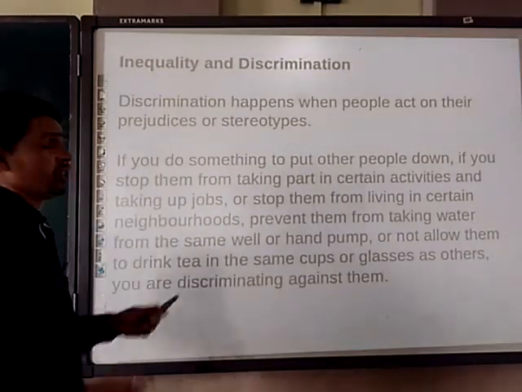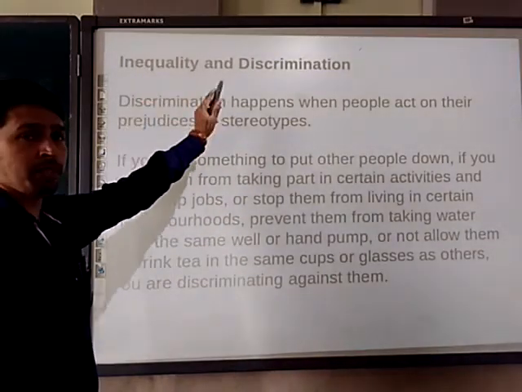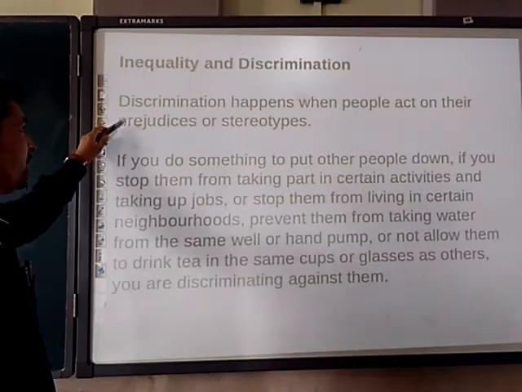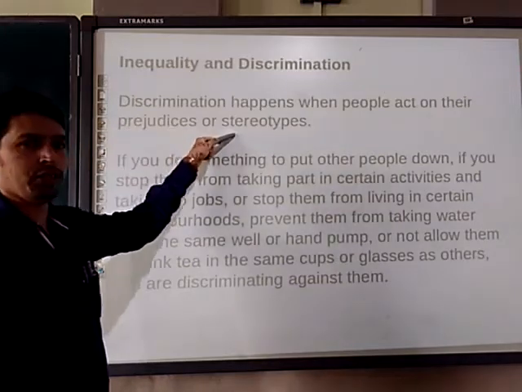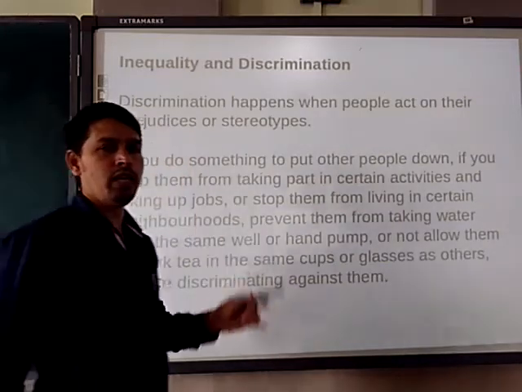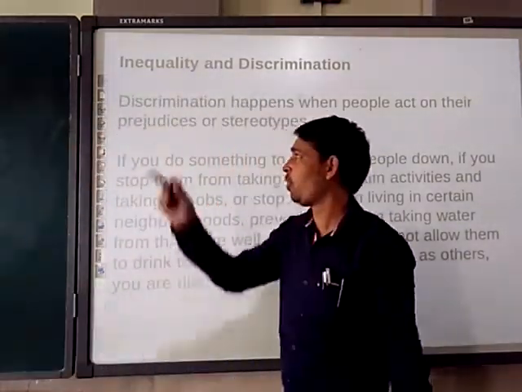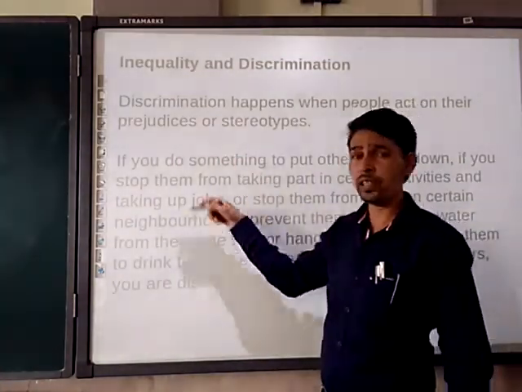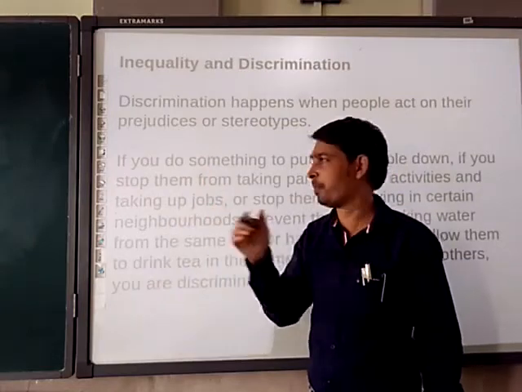Inequality and discrimination. The first point is here. Discrimination happens when people act on their prejudices or stereotypes. These two words, prejudice and stereotypes, we already discussed in our previous class, the first class. Now we are going to see this in the upcoming points.